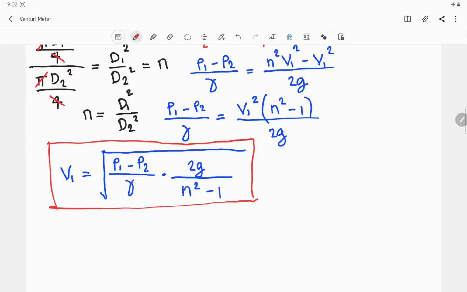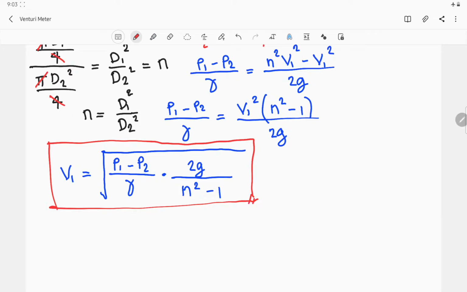Okay, so the derivation for a venturimeter installed in a pipe where the pipe is not horizontal, inclined or vertical, I will just show in another video.